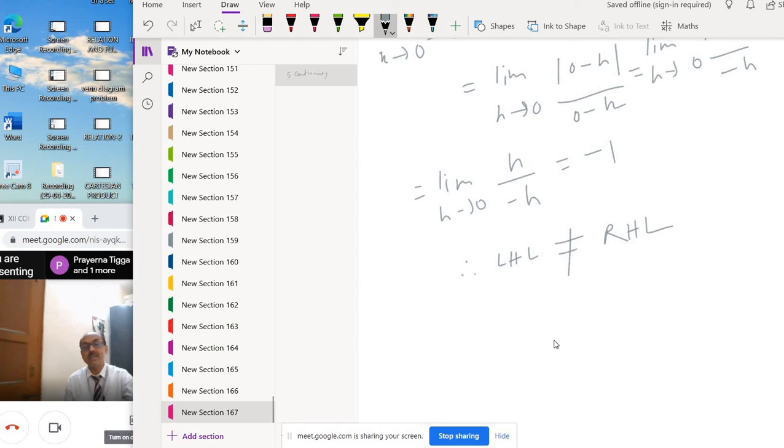So f(x) is discontinuous at x equal to 0.